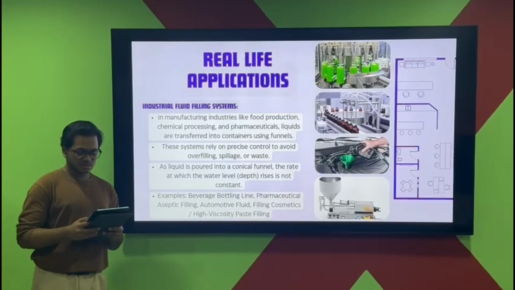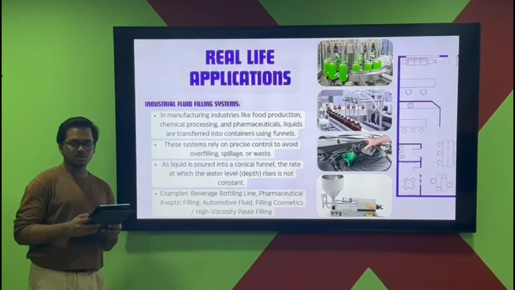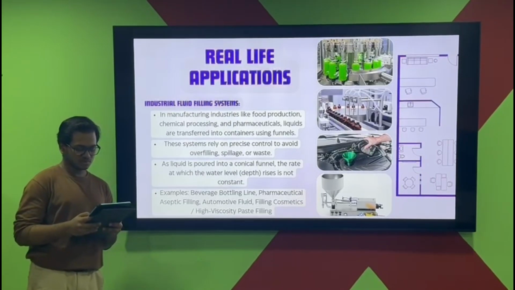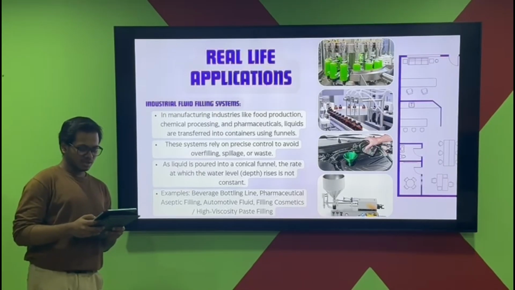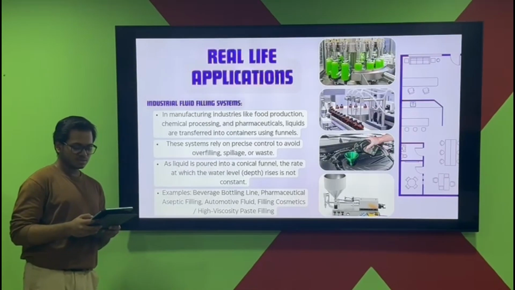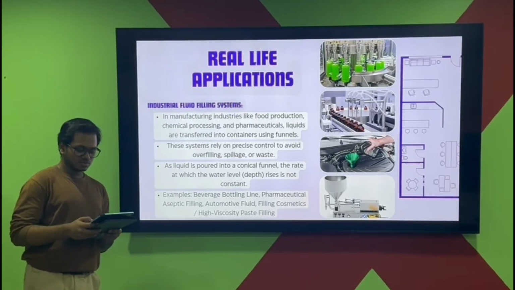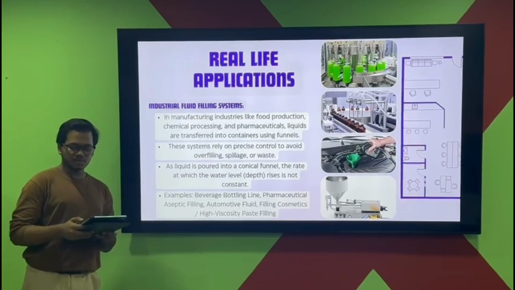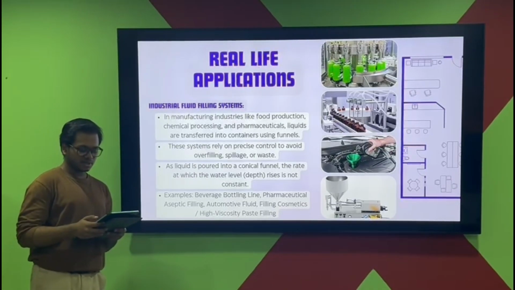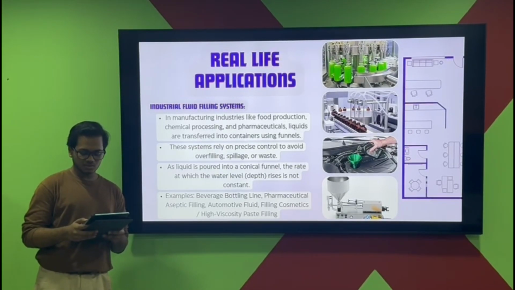Engineers and designers have to understand this behavior when building these machines, especially when programming them to stop filling at the right moment. There are many examples of these systems in action, such as beverage bottling lines used to fill soda, juice, or water bottles quickly and precisely. In pharmaceutical factories, sterile liquid medicine is filled into glass bottles.